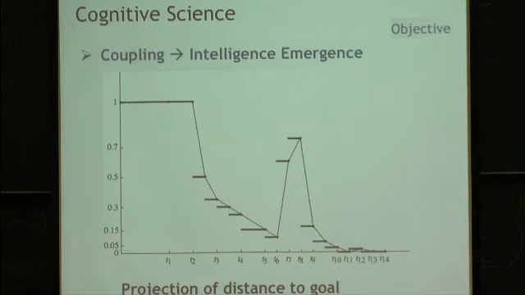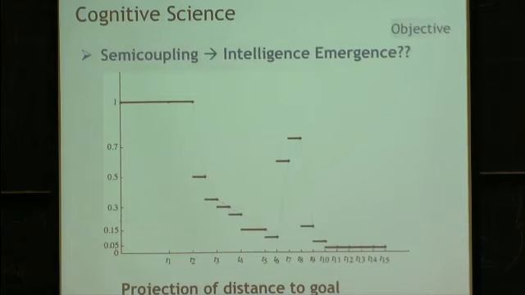which implements some behavior, as a projection of a distant goal in a given time. And therefore, if we can reach the goal just before we end the project time, then we say that we have a coupling.